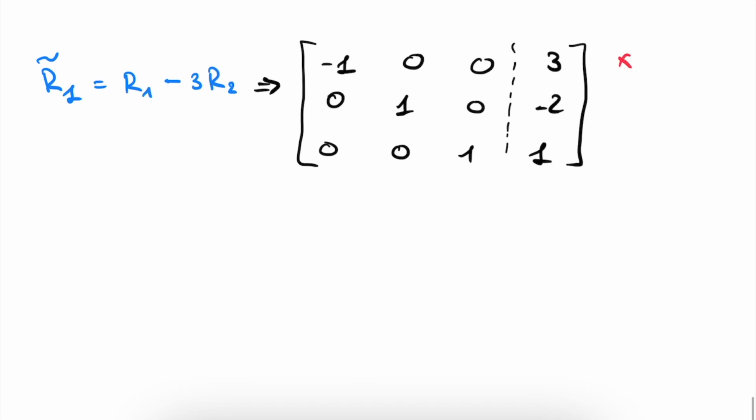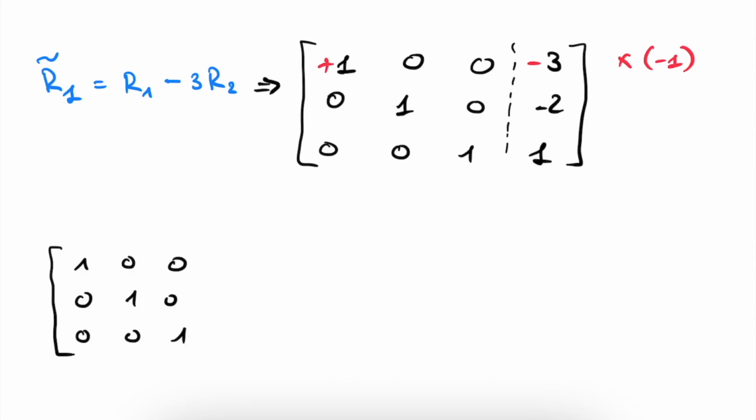But this can simply be done by multiplying this row with -1. So this becomes a +1 and this becomes a -3. And we have our final matrix. We have 1, 0, 0, 0, 1, 0, 0, 0, 1, which was what we set out to do. And here we have -3, -2, and 1.